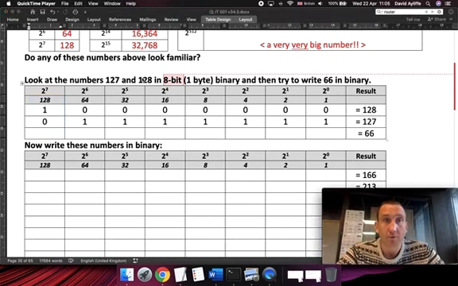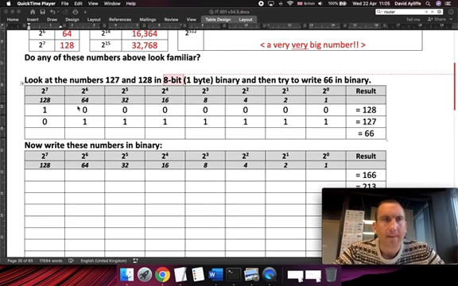So if we want to represent 128 in 8-bit binary, it looks like this: 1, 0, 0, 0, 0, 0, 0, 0. Because we have one 128, no 64s, no 32s, no 16s, no 8s, no 4s, no 2s, no 1s. So if we add all of these together, 128 plus nothing, plus nothing, is 128.